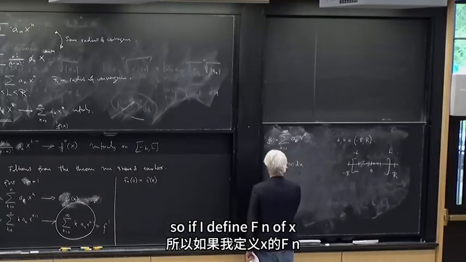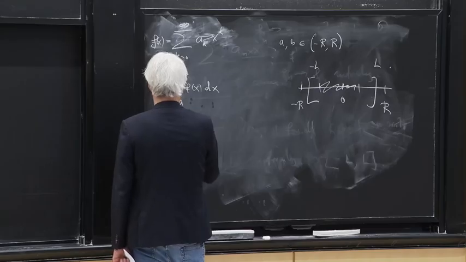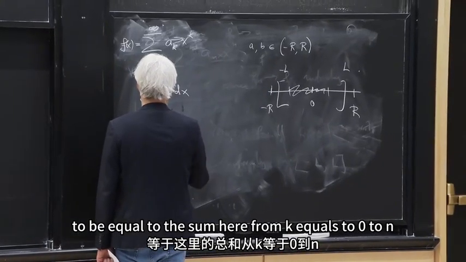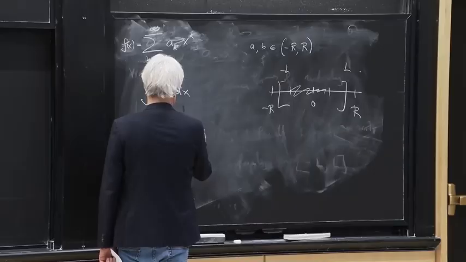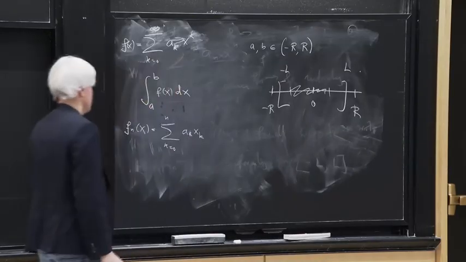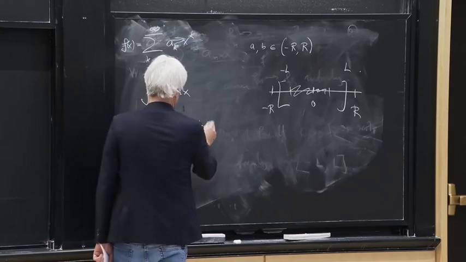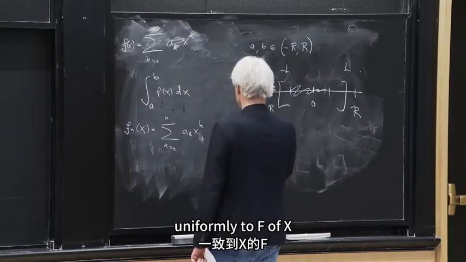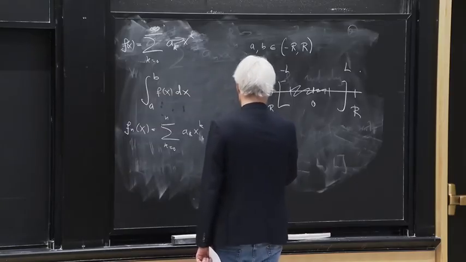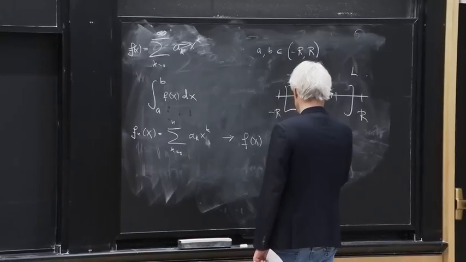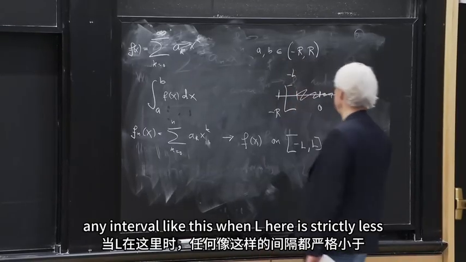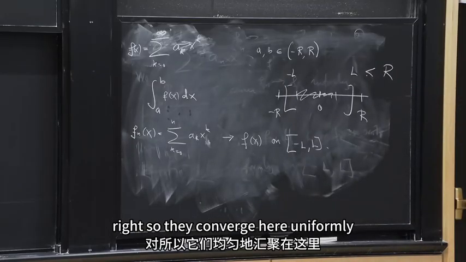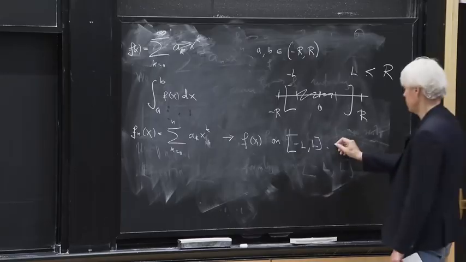So if I define fn of x to be equal to the sum from k equals 0 to n of a_k x to the power k, these converge uniformly to f of x on any interval like this when L here is strictly less than the radius of convergence, right? So they converge here uniformly.